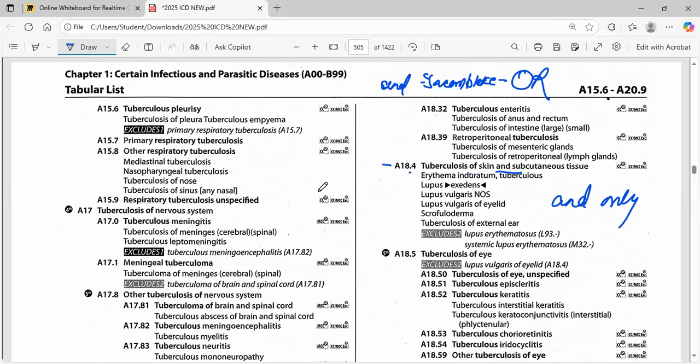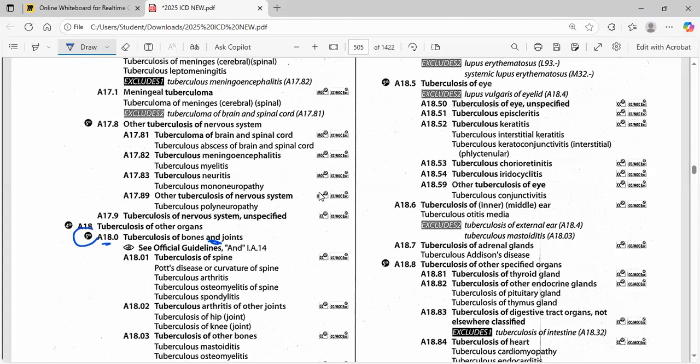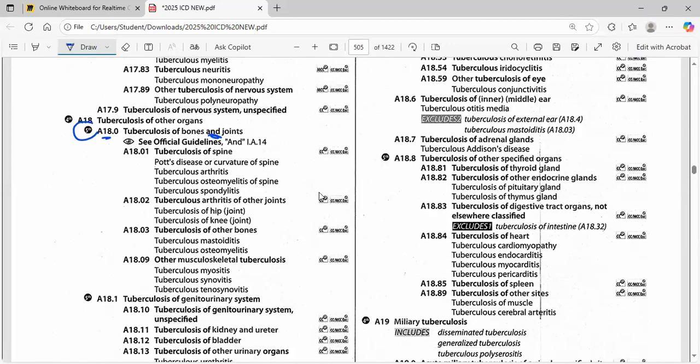But if the "and" is listed in the incomplete code, such as this one, this is an incomplete code and we have this "and" word here. So if we build this code, we have a separate code for the bones and the joints. We have a separate code for the joints and a separate code for the bone. That means either we have to use a code for bone or we have to use a code for the joint.